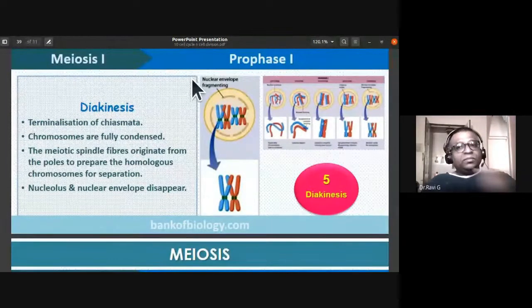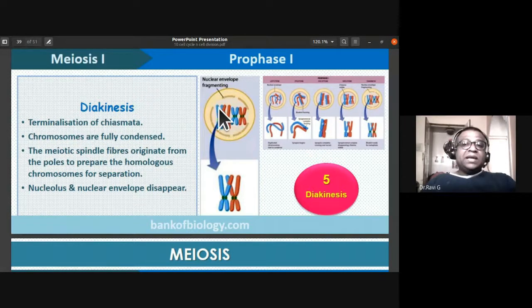In prophase 1, what else you notice is the fifth and last stage, diakinesis. During diakinesis, there is terminalization of chiasmata, the X-shaped chiasmata which were formed. Now they are going to terminalize, and you find that a fragment of paternal will be attached to maternal, and maternal to paternal.